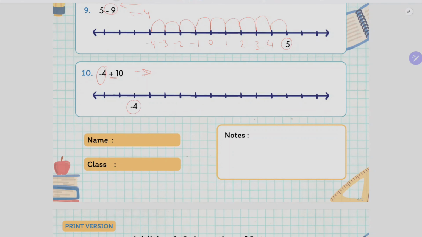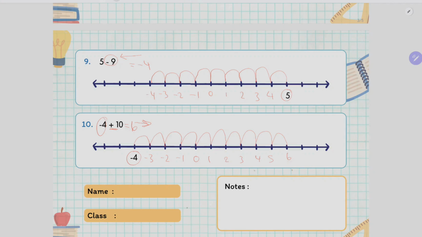So we start on -4 and we count 10 jumps. 1, 2, 3, 4, 5, 6, 7, 8, 9, 10. So let's fill in the blanks of the 10 jumps that we did. It's -3, -2, -1, 0, 1, 2, 3, 4, 5, 6. So -4 plus 10 gets you 6.